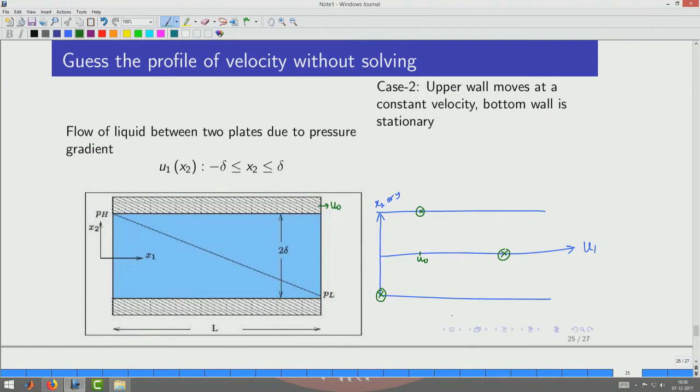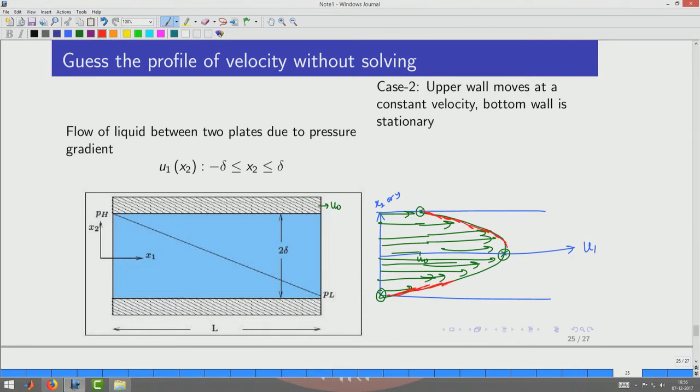So, which means that we must have a parabola that actually goes through these 3 points, and that may come out like that. So, we may have a maximum which is actually in the top half. Okay. So, the maximum is in the top half of the domain, and this way we can see that the velocity distribution can be arrived at without actually even solving.